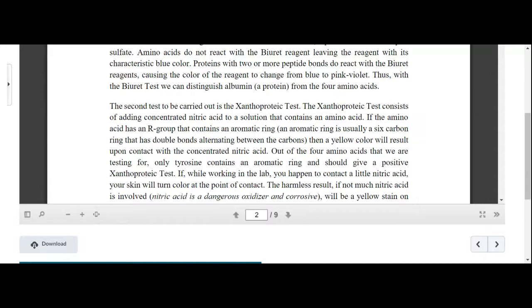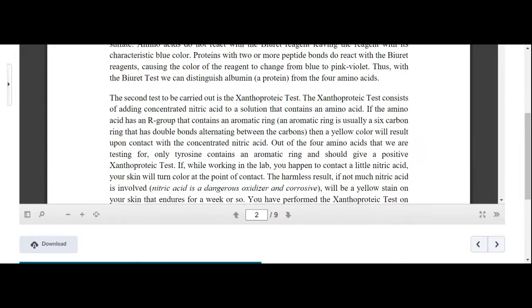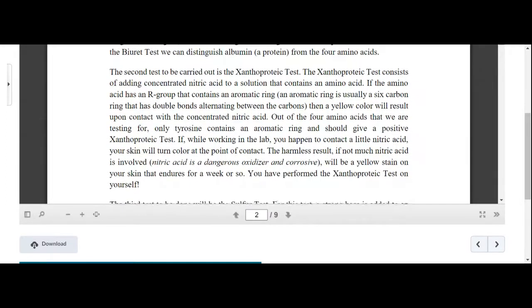Why tyrosine? Because the only amino acid of the 4 that are left that contains the aromatic ring is going to be the tyrosine. So we identify 1 amino acid there.